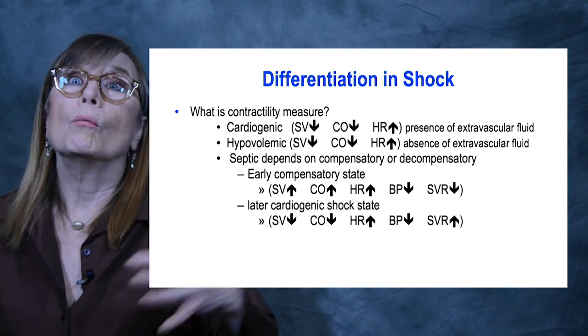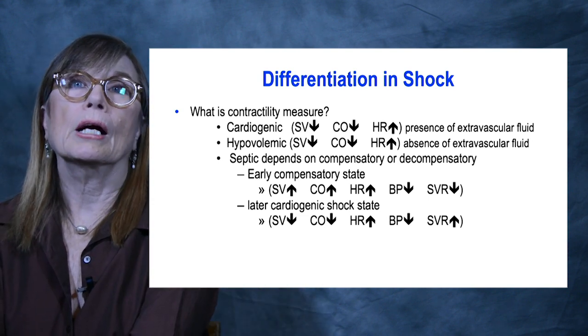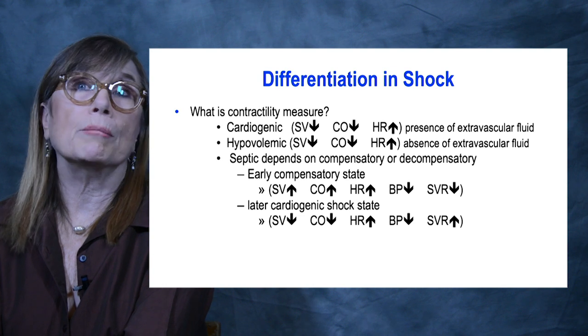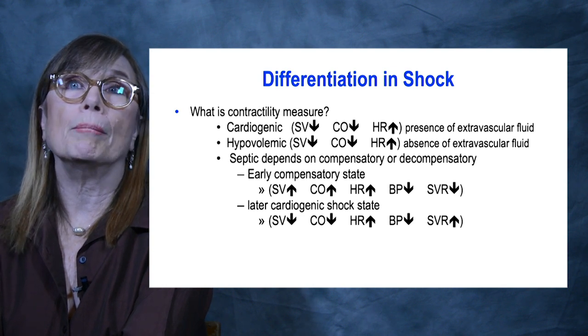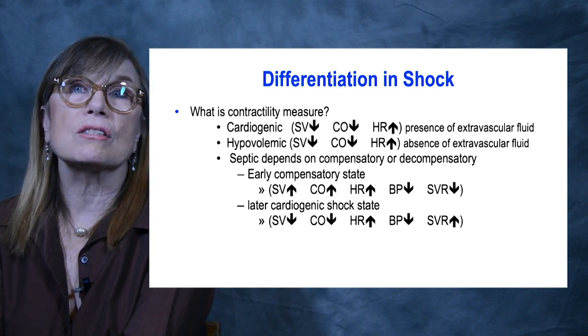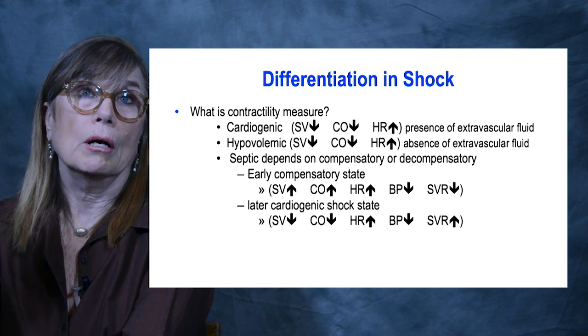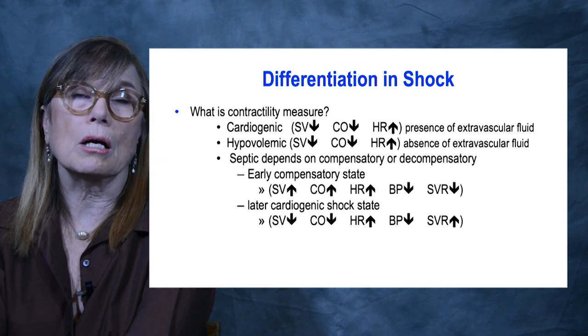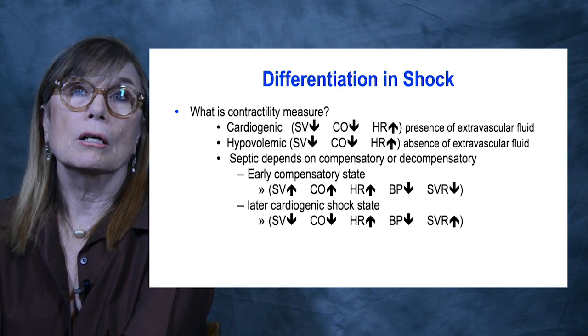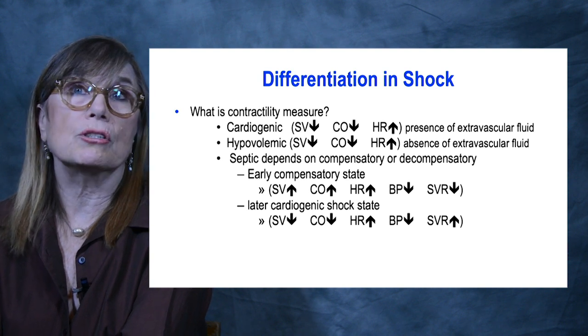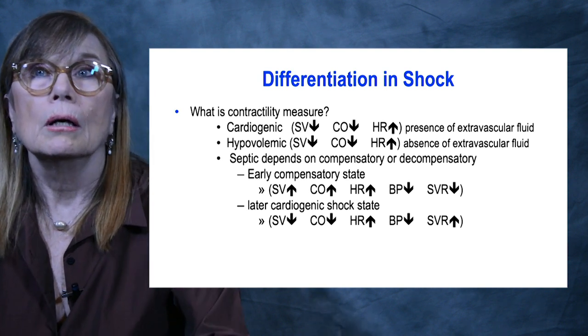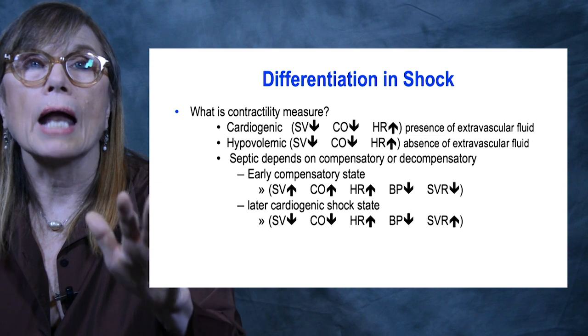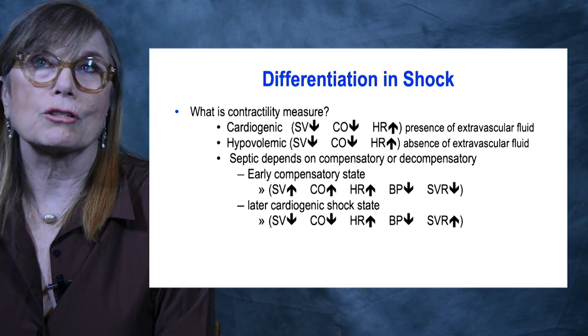Contractility measure, we're only going to be able to assume it. In cardiogenic shock, stroke volume down, cardiac output down, heart rate up, but there is a presence of extravascular fluid, high CVP, high PAD. Hypovolemic shock, stroke volume's down, cardiac output's down, heart rate is up, but there is an absence of extravascular fluid.